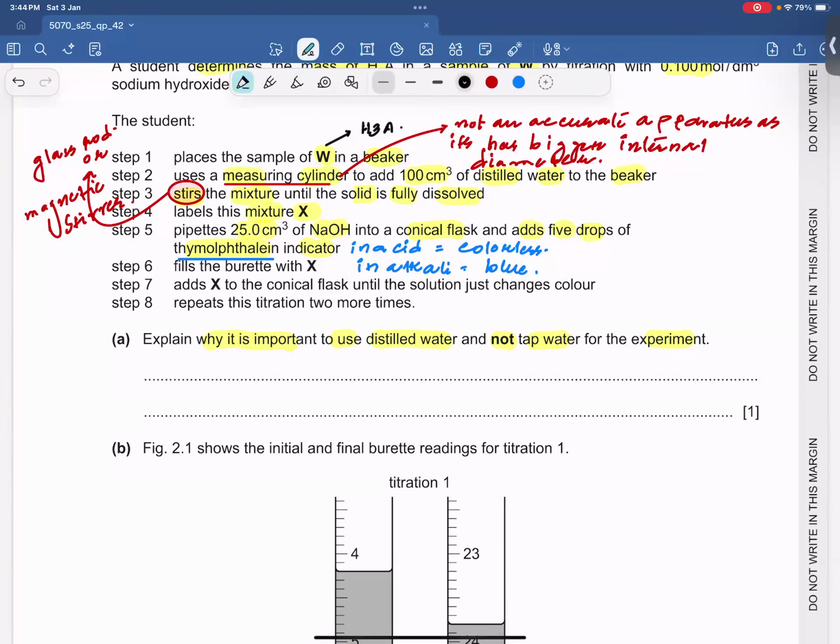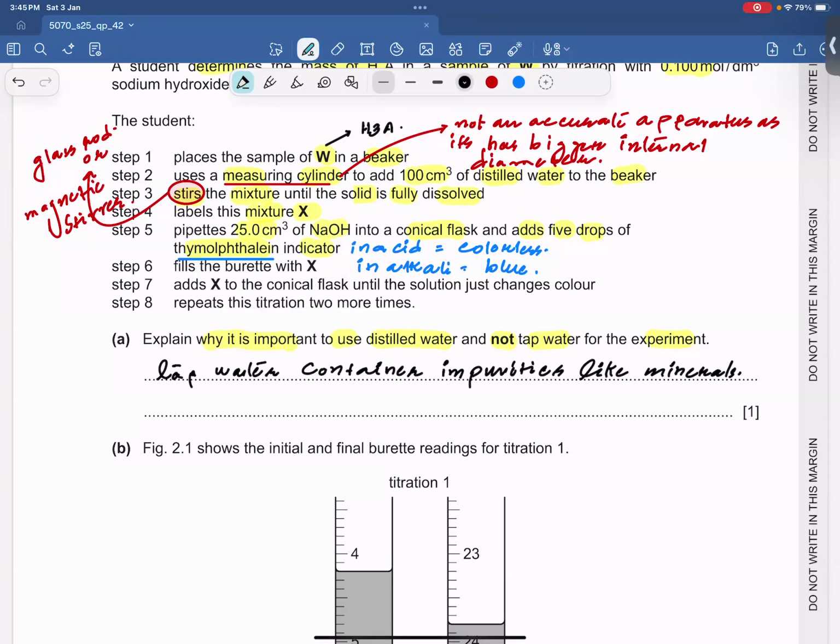Tap water contains impurities like minerals, okay?